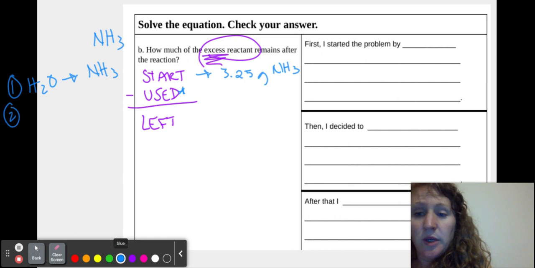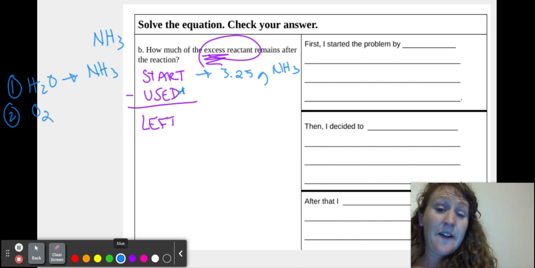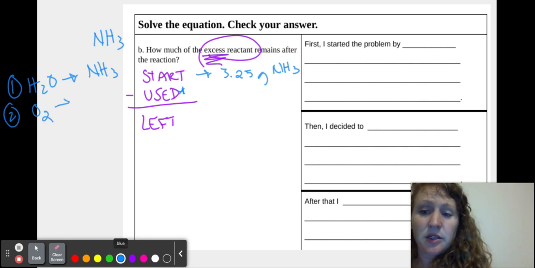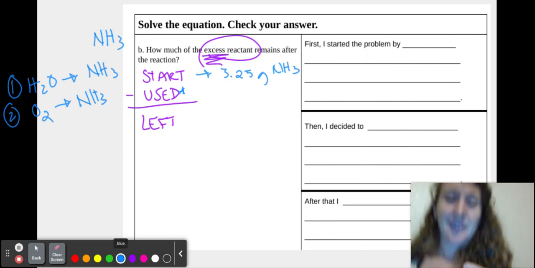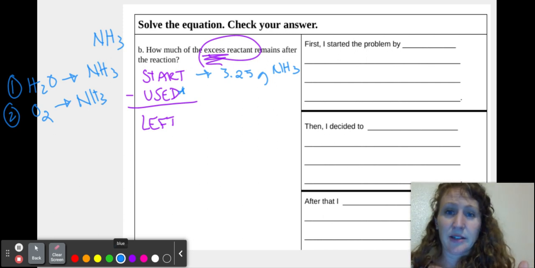Or we can go from the amount of O2 that we used to how much NH3 we would need specifically for that amount of O2. Again, this math is all about knowing what your answer means.